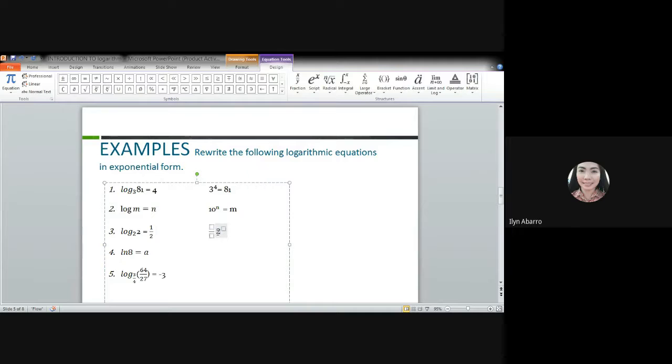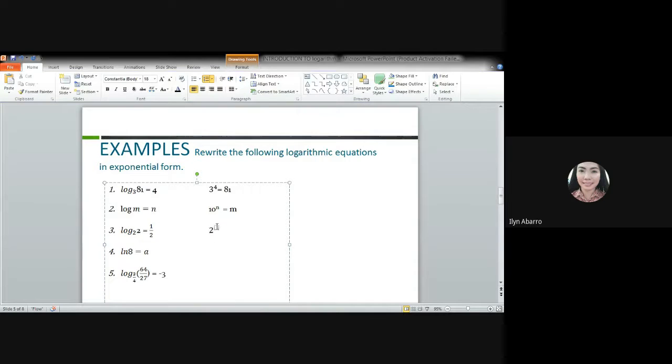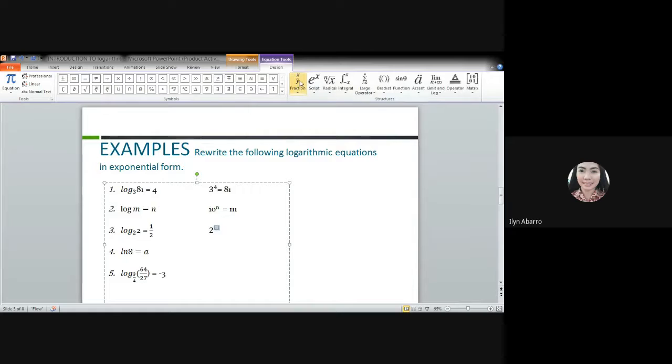Ayaw niyang mabura. Wait lang po. Okay. So, this one should be the fraction, yung exponent. Ayan.